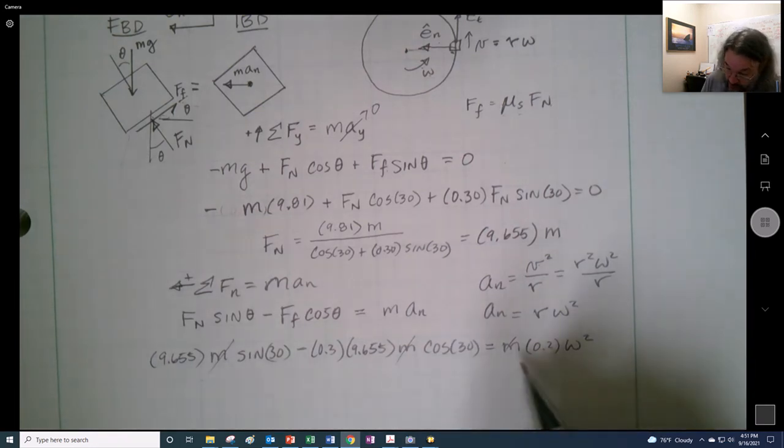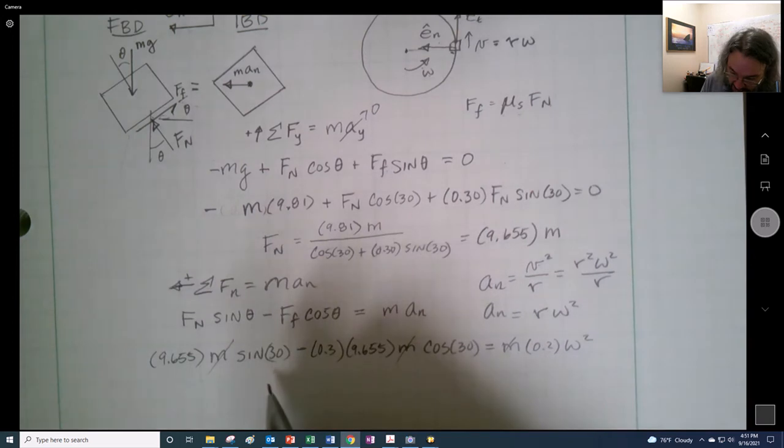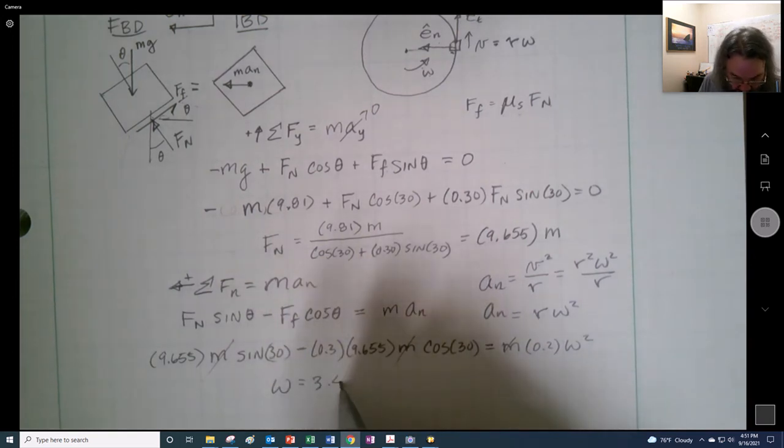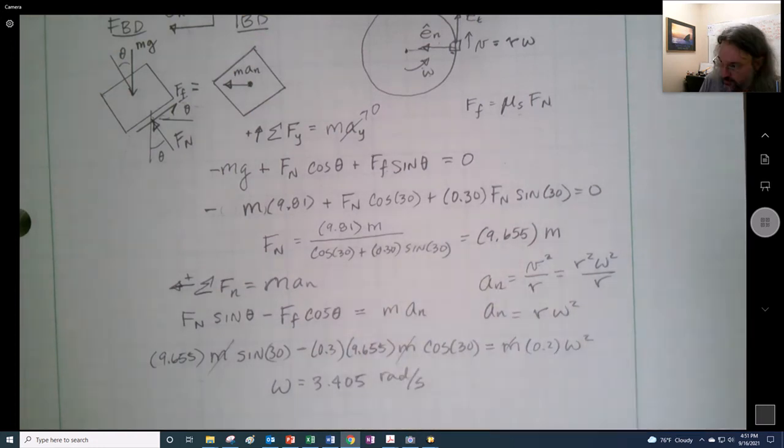Then we're going to divide by 0.2, and then we're going to take the square root of it. And so we find that omega is 3.405, and these are radians per second.